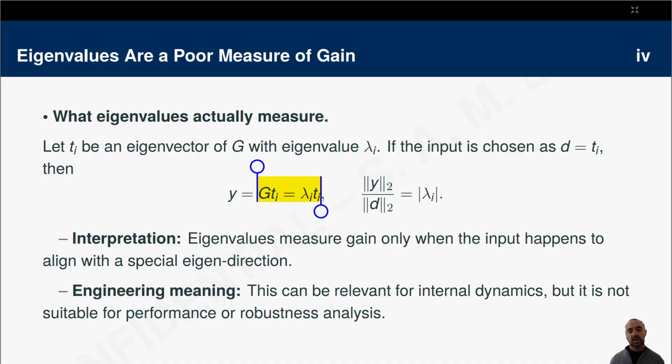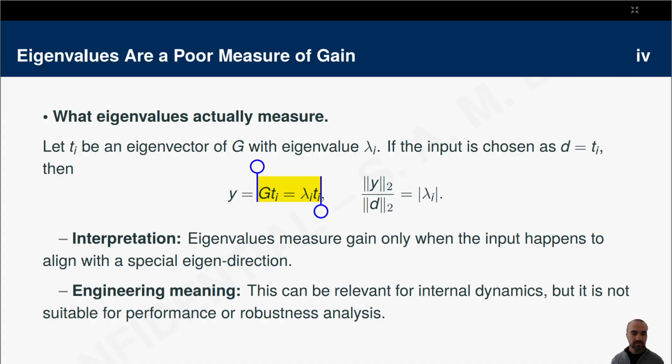So eigenvalues describe what happens only if you excite the system exactly along eigenvectors. So you have to exactly excite the system along eigenvectors. The real disturbances do not politely align with eigenvectors. Not necessarily.